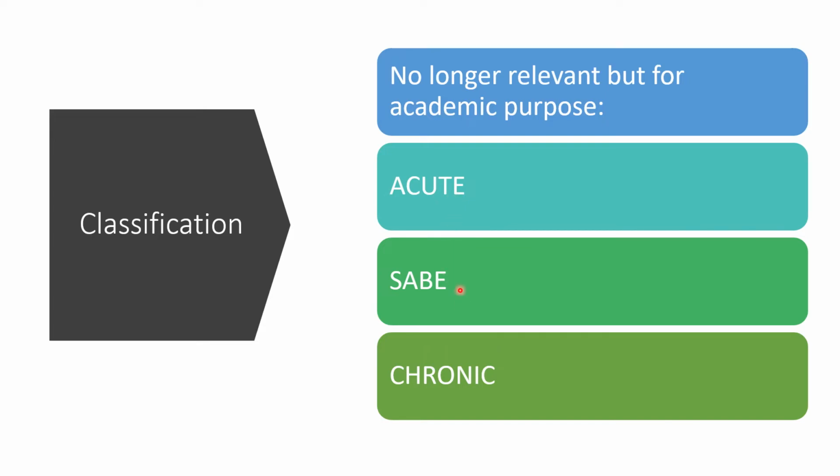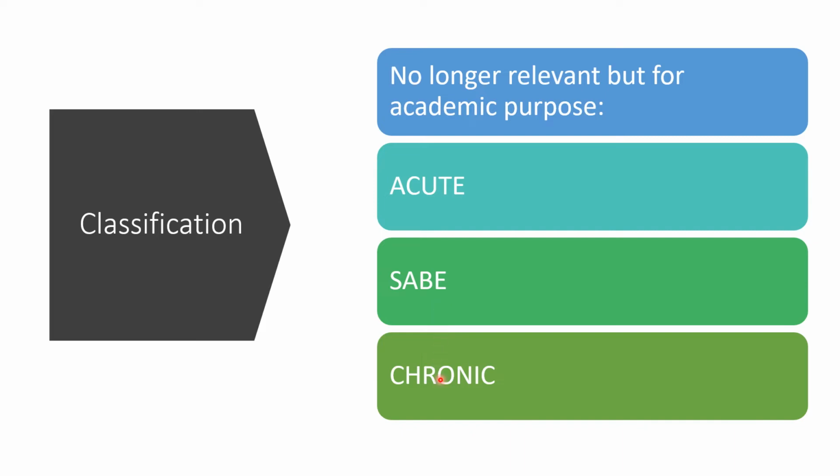Then what about subacute bacterial endocarditis? The signs and symptoms will be greater than 6 weeks, but less than 3 months. It is believed that this will be as a result of streptococcus. They are less virulent, and the example here will be viridans.